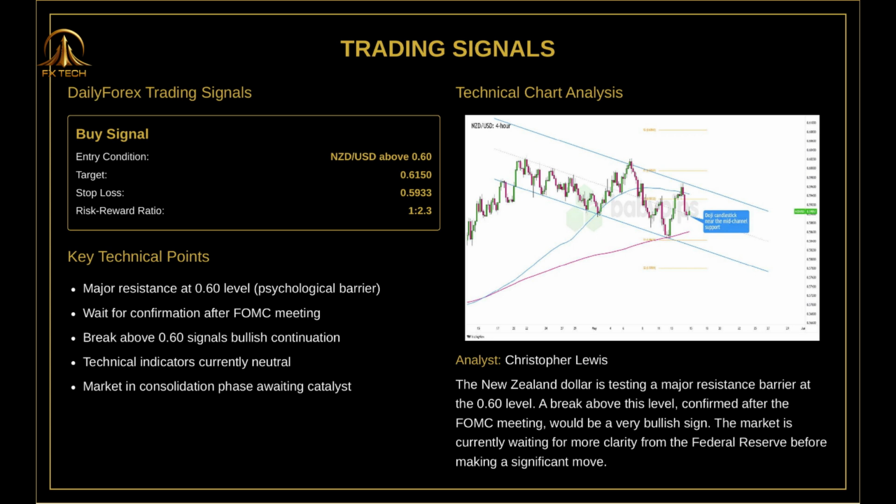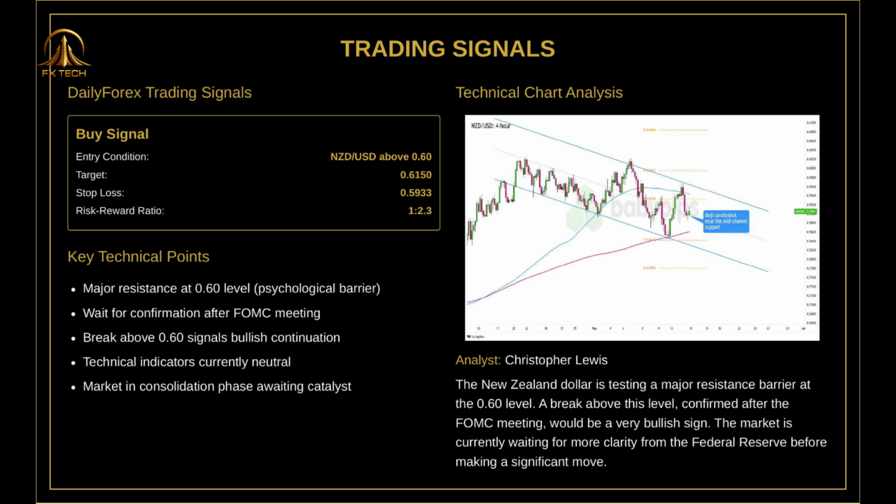Traders should wait for confirmation after the FOMC meeting before taking positions. The Federal Reserve's policy announcements could significantly impact the US dollar and, by extension, the NZD/USD pair. A break above 0.60 after the Fed's decision would provide stronger confirmation of a bullish continuation pattern.